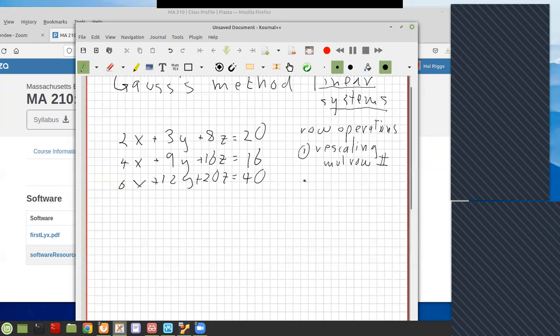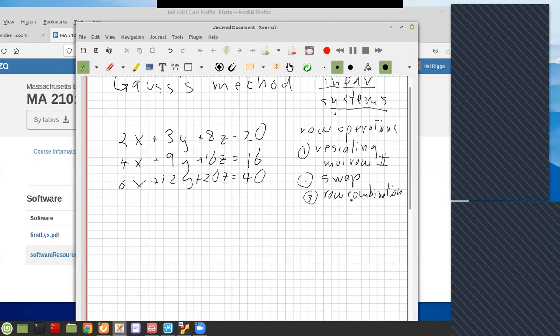Okay. The second one is swap. You swap 2 rows. The third one is a row combination. And this one says you add a multiple of one row to another.